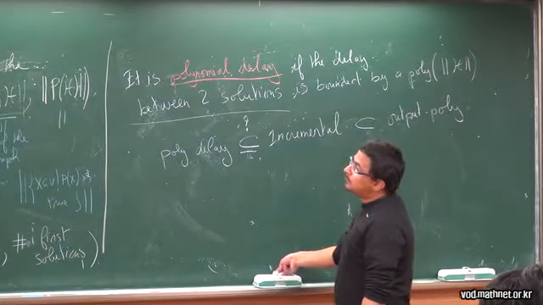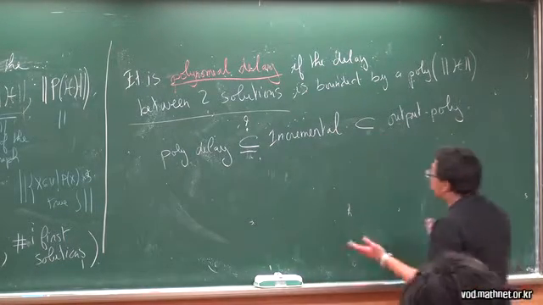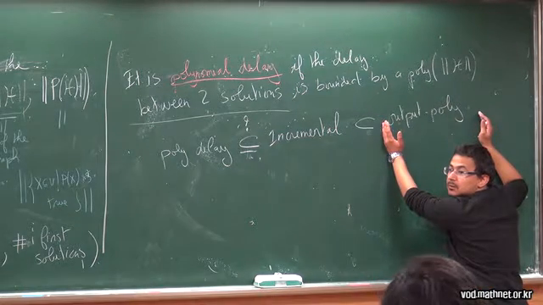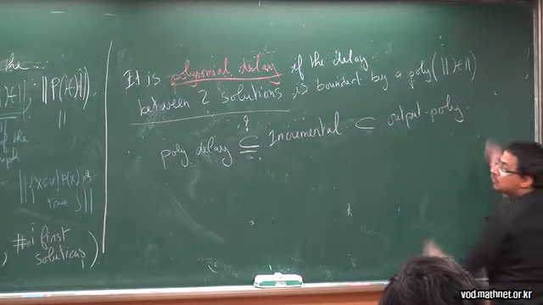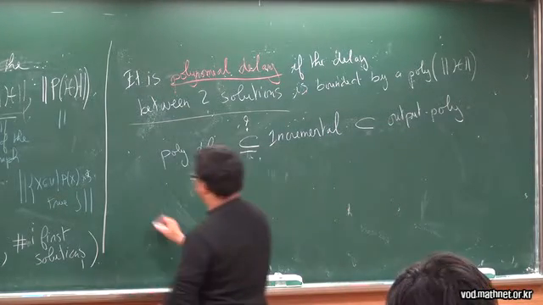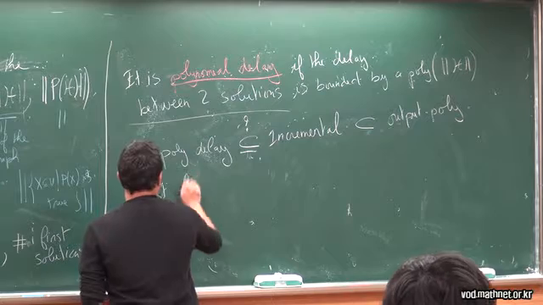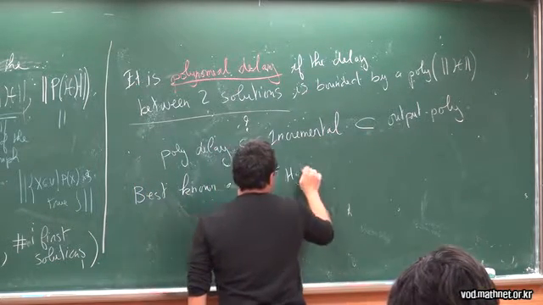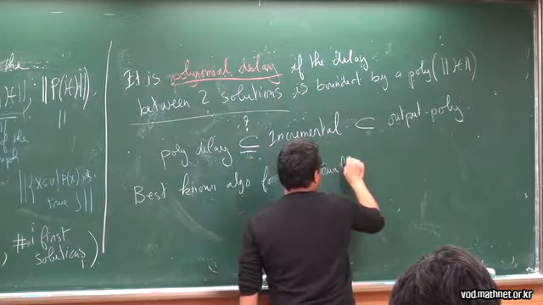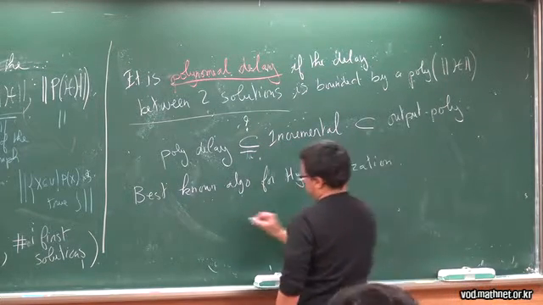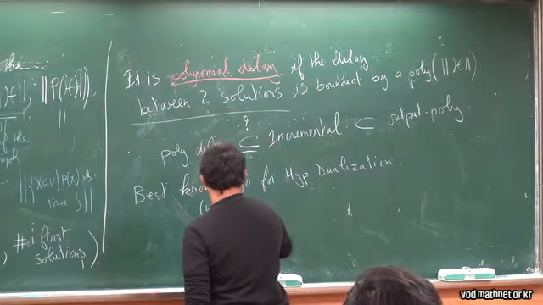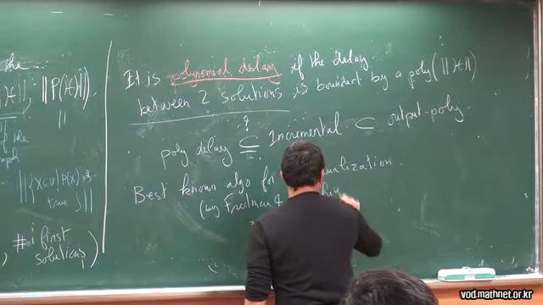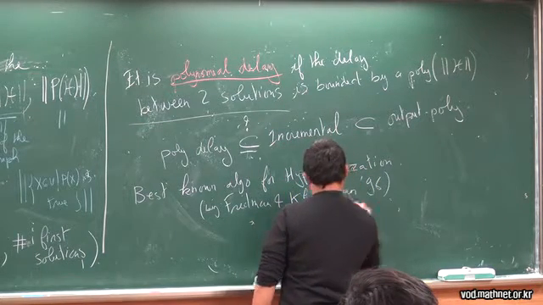So for hypergraph dualization, at this point we don't even know if there is an output polynomial algorithm. What is known, the best known algorithm for hypergraph dualization, is by Fredman and Khachiyan, and there are also variants, in 96.